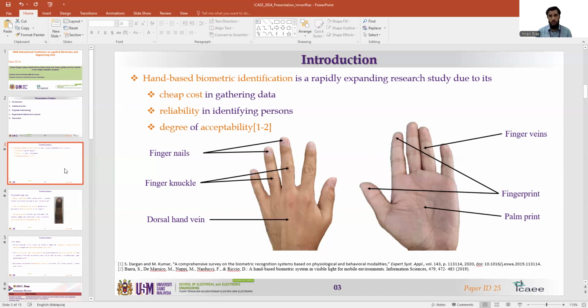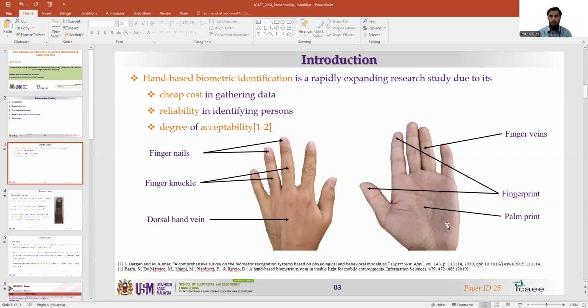If overall we discuss all these inner and outer surface biometric traits, you will see that the fingerprint is the most commonly, widely used and acceptable biometric trait across the globe. But there are some issues.